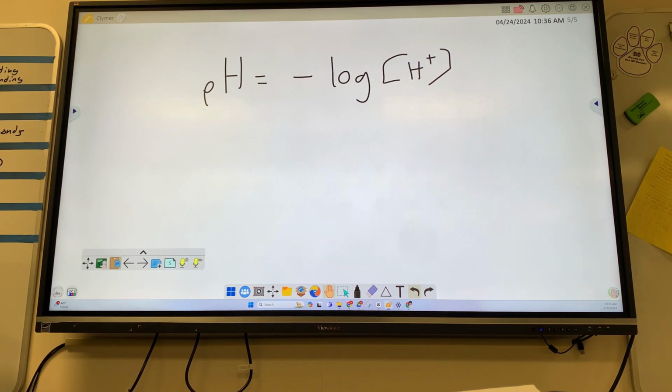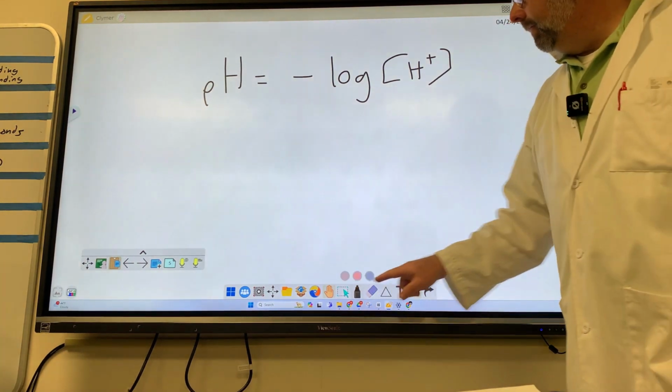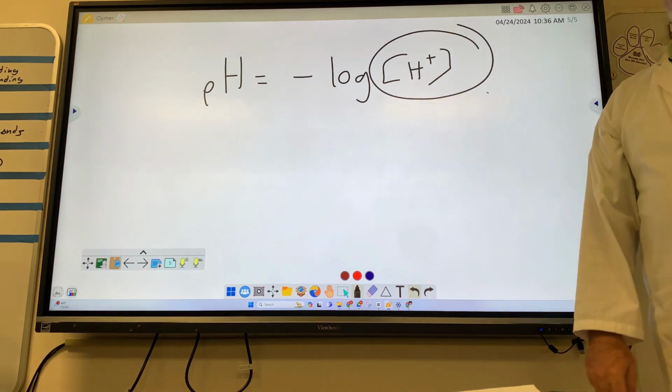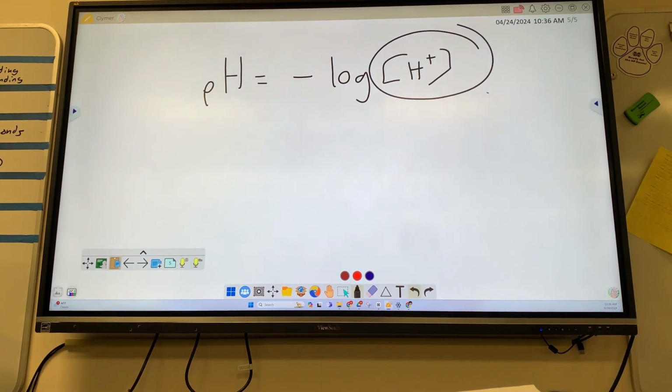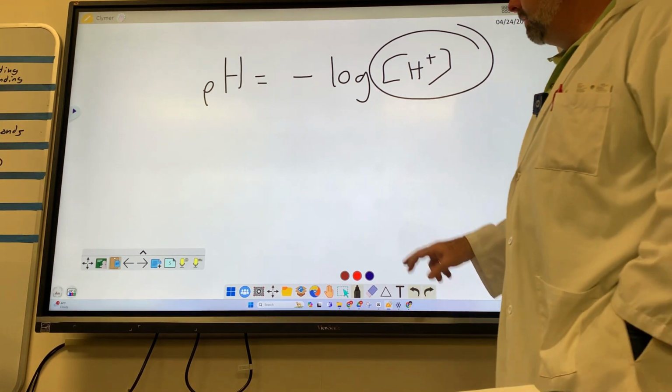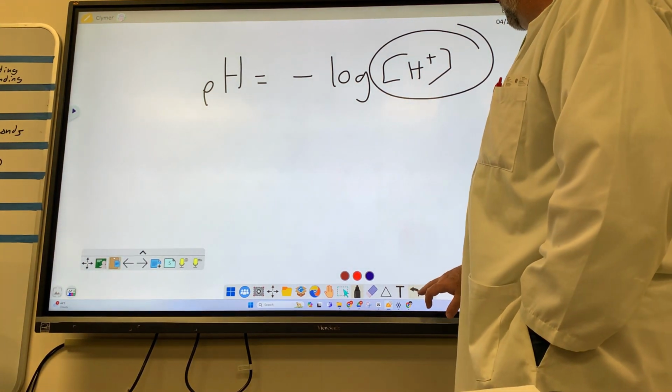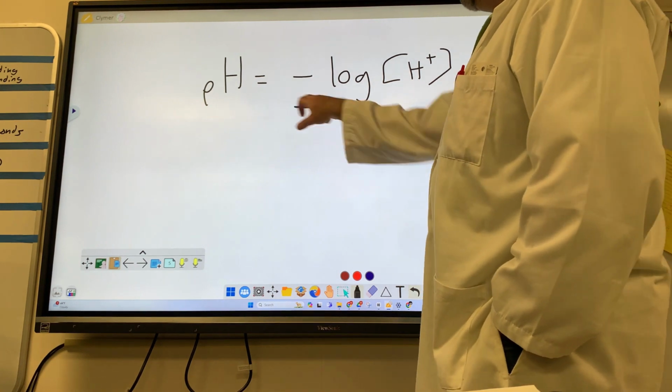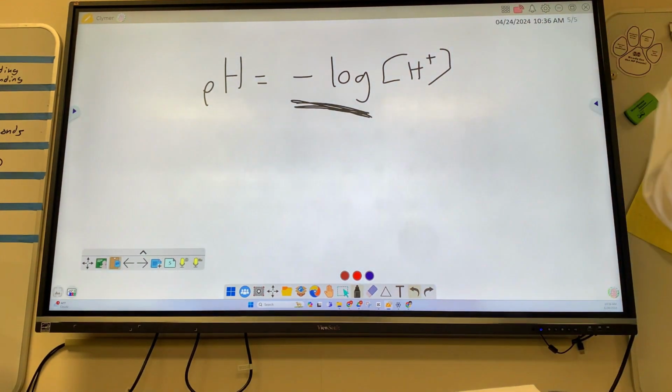And all we need to figure that out is this number, the H+, which we solved for in the homework last night. That's just the molarity, right? The moles per liter of H+ ions in solution.